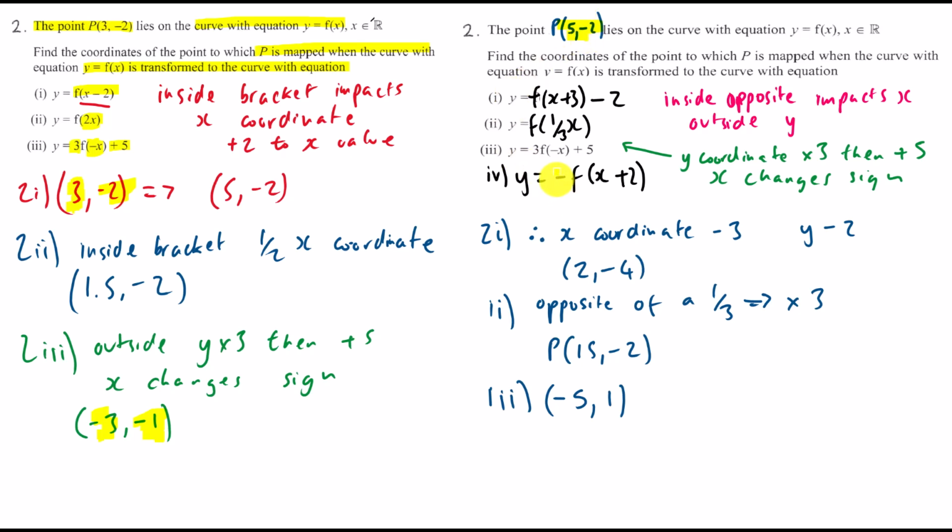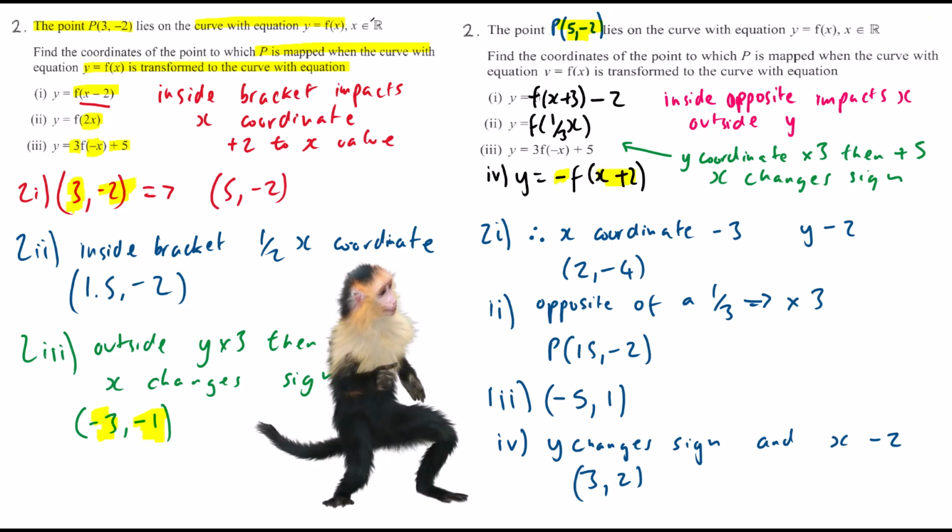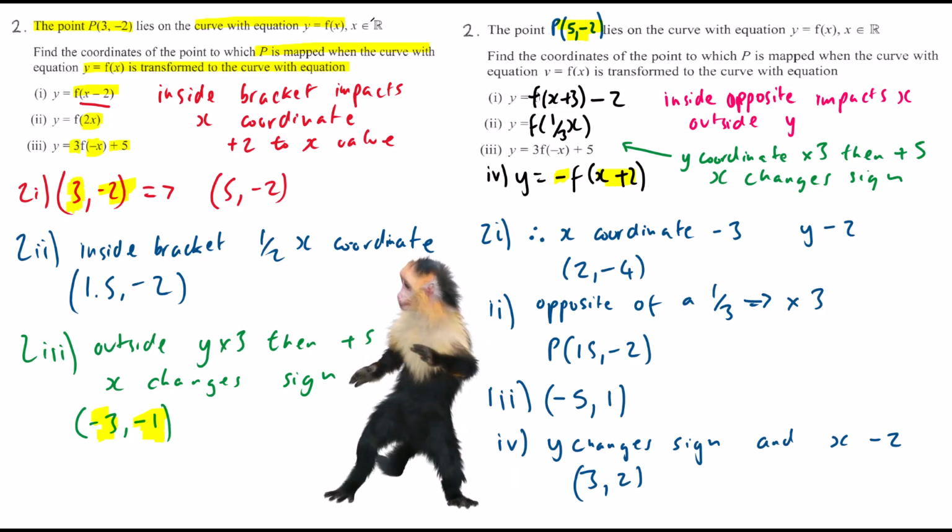The very last one is outside the bracket affecting the y, so the y coordinate changes to a negative, and the x coordinate is minusing by 2 from the original coordinate, and that's straightforward. Well done, you got that right.